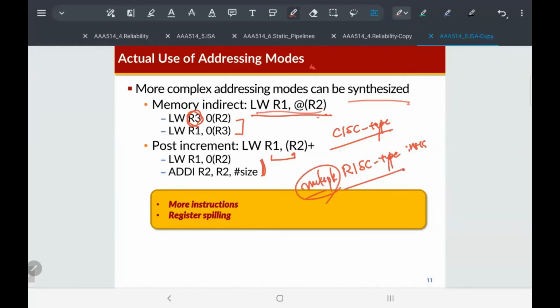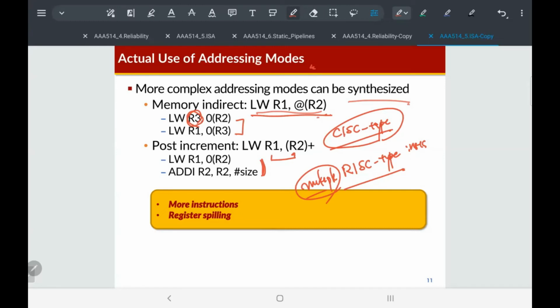Usually we can say that RISC type ISA is better than CISC type ISA, because the CISC type ISA is very complex, and in order to support complex instructions, the hardware structure should also be more complex. That is not good for the performance of computer processors.